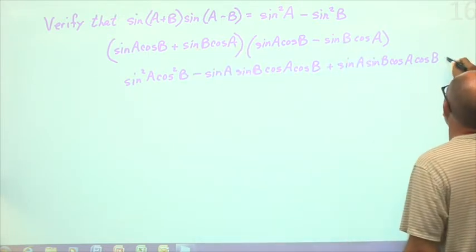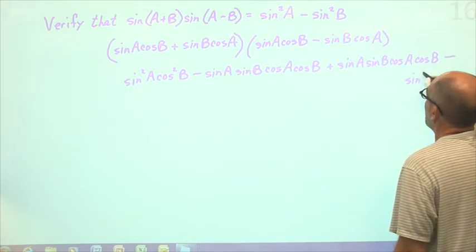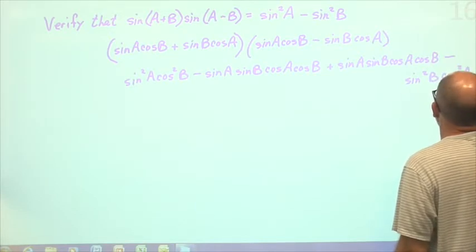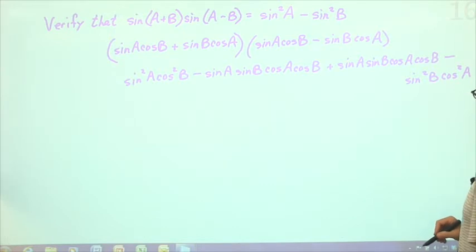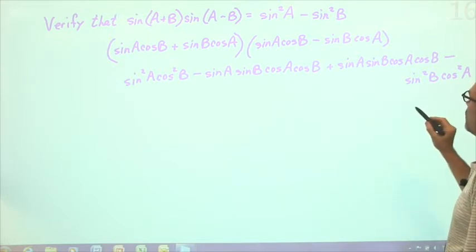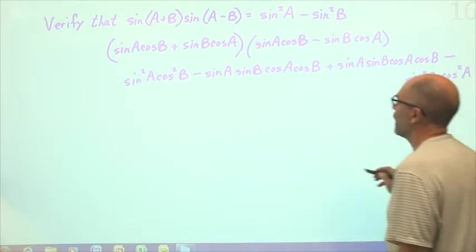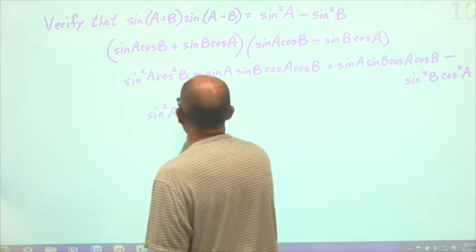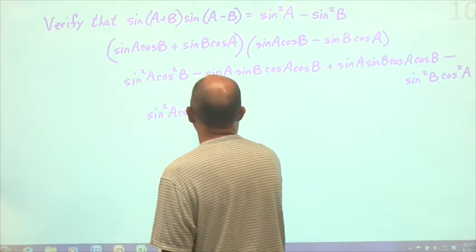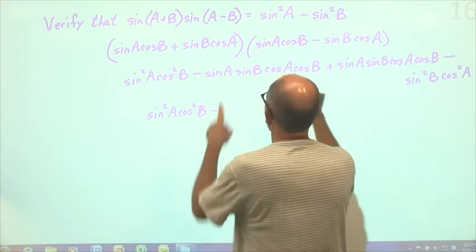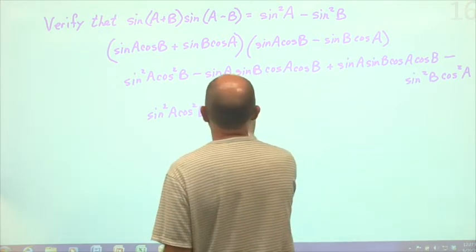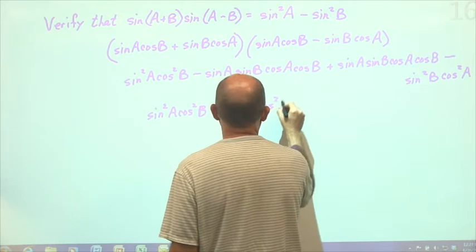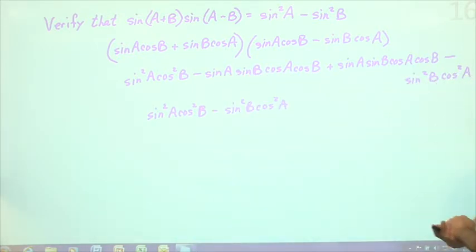So it's going to be minus sine squared B cosine squared A. So, like I said, the two middle terms cancel, and I'm left with sine squared A cosine squared B minus sine squared B cosine squared A.